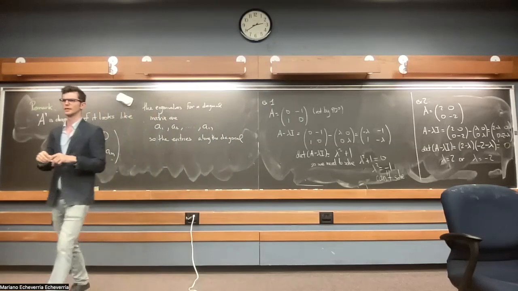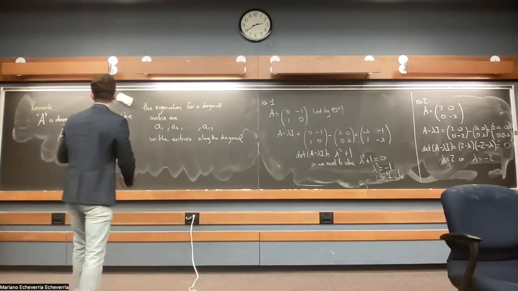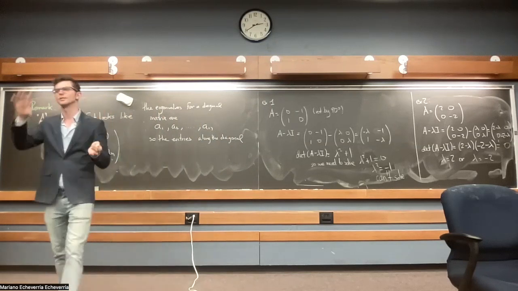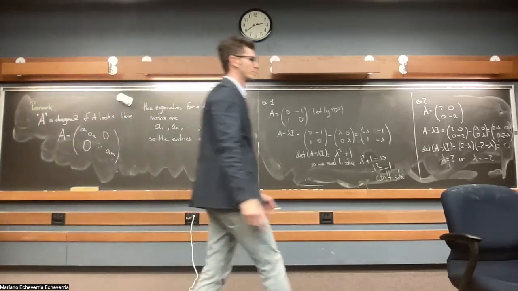Is that making sense? Because when you subtract lambda I, which is also diagonal, the determinant is very easy to compute. It's just a product of the entries.